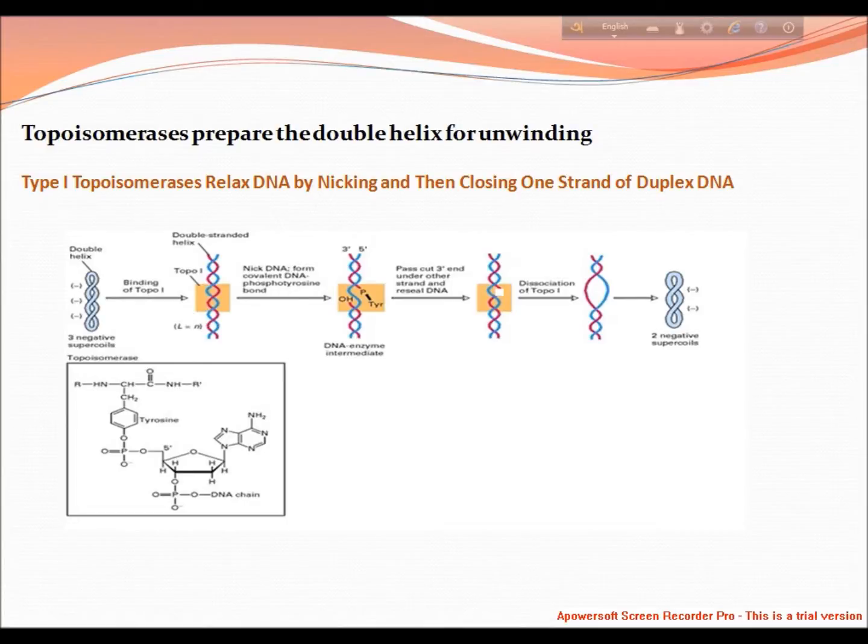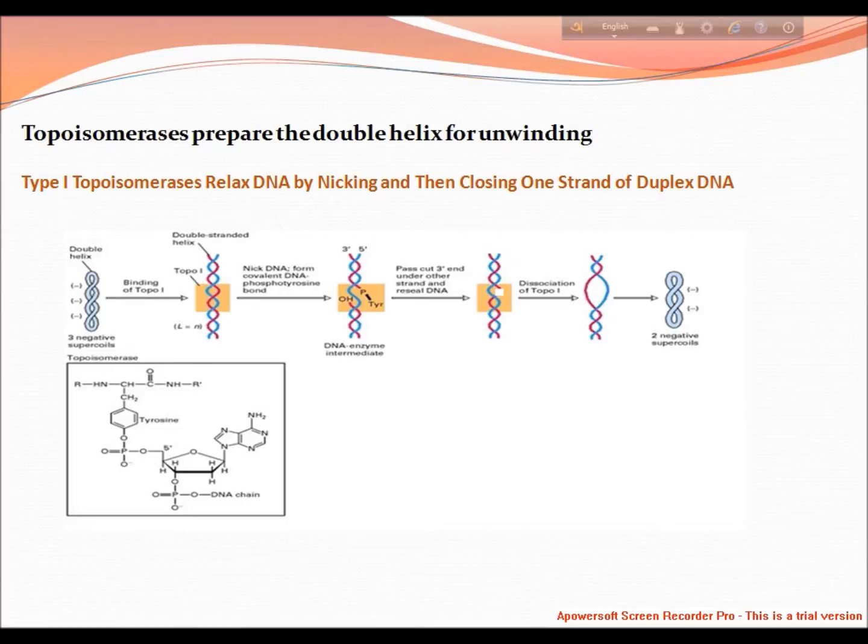As the transcription bubble proceeds, DNA ahead of the transcription fork becomes overwound or positively supercoiled, while DNA behind the transcription bubble becomes underwound or negatively supercoiled. As replication occurs, DNA ahead of the replication bubble becomes positively supercoiled, while DNA behind the replication fork becomes entangled, forming precatenanes.